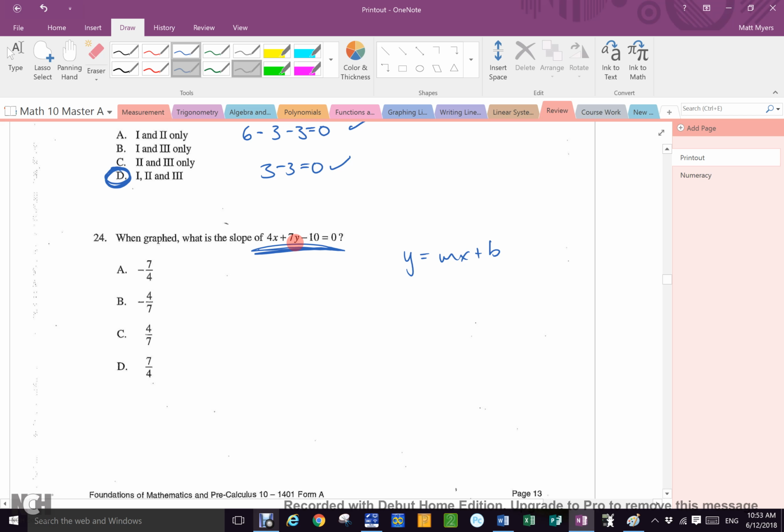What has to move? 4x. The 4 has to move over. So 7y will equal what kind of 4? Negative 4x. Do I even care about the 10? I only want the slope. No. Now how do I get y by itself? Divided by 7. So what's the slope? Negative 4 over 7.